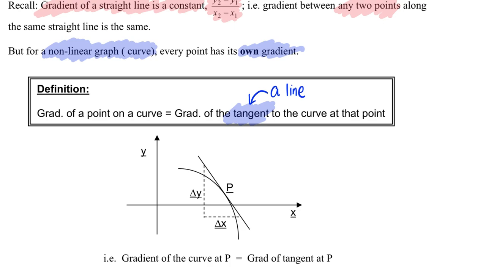So to illustrate, as you can see from this particular diagram below, this blue line is what we call the tangent line. Tangent, which is a straight line. And it is drawn at this particular point P.